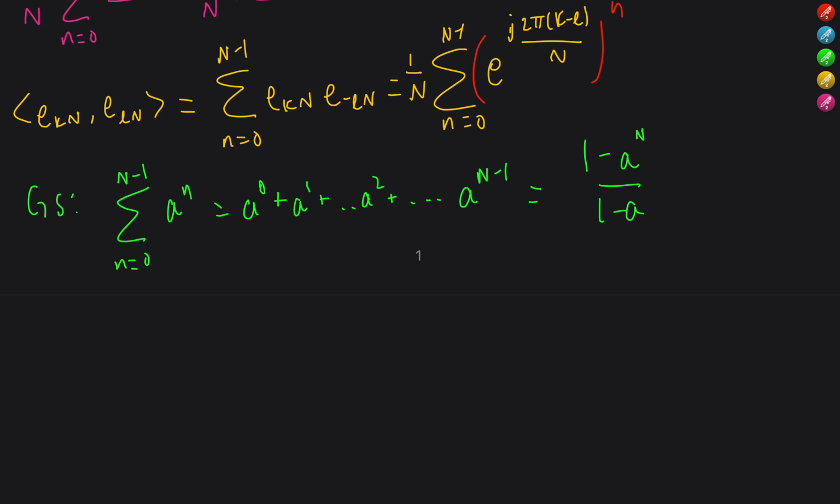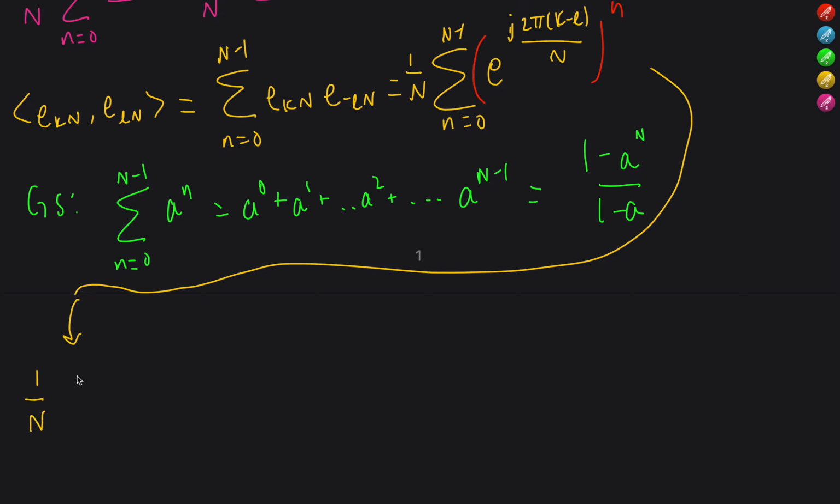Okay, and I'm going to take this and I'm going to say this is equal to 1 over n times the sum from little n equals 0 to big N minus 1 of, this is my a value, so it's going to be 1 minus e to the j 2π (k minus l) over n, 1 minus that to the power of n.